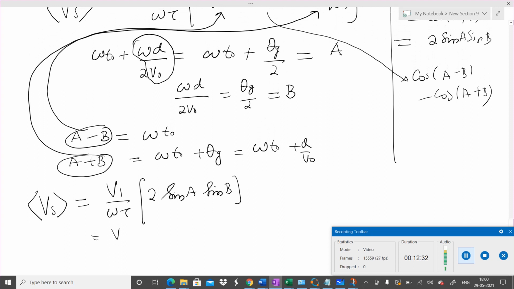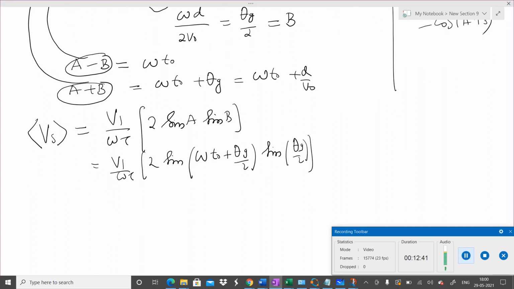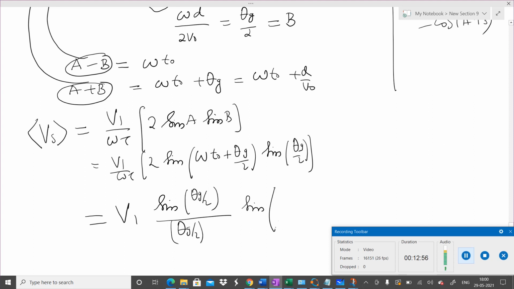So this will be V1 by omega tau, twice sine of theta g by 2. Now we can also write this as V1 times sine of theta g by 2 divided by theta g by 2, times sine of (omega t0 plus theta g by 2).